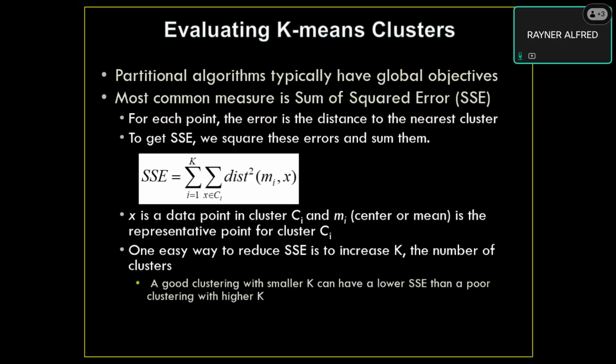Okay. So what have you learned? The most important part is two things: finding the center and computing the distance between two items in the dataset, which is using the Euclidean distance.